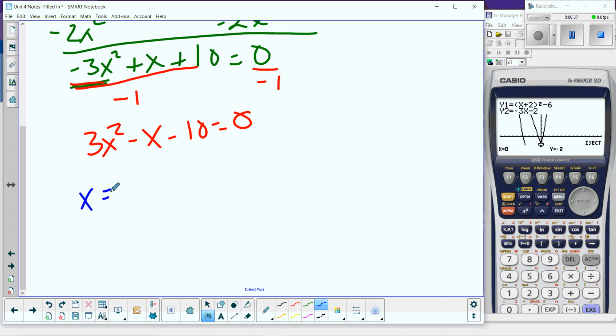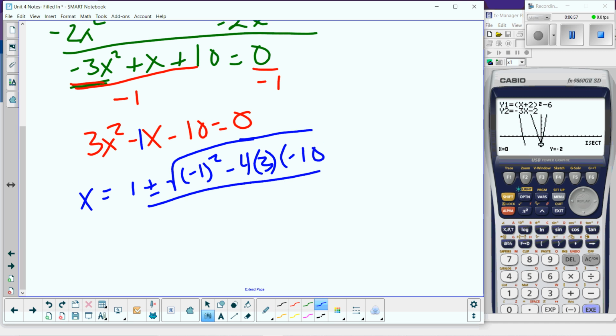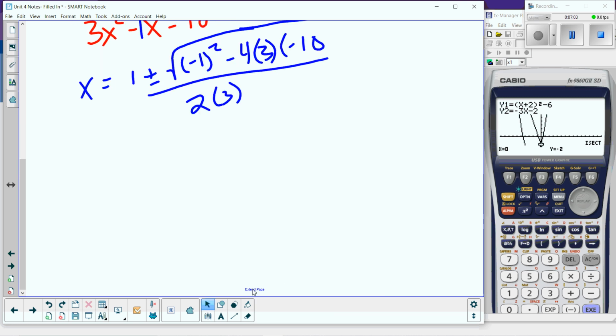So x equals negative b, so that would be a positive 1, plus or minus the square root of negative 1 squared minus 4 times 3 times negative 10, and that's all over 2 times 3. Calculator does most of the work for us.